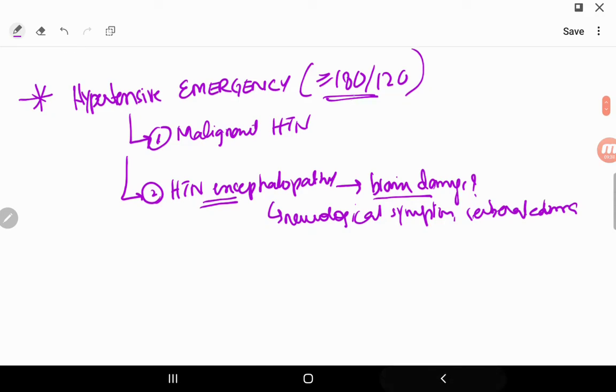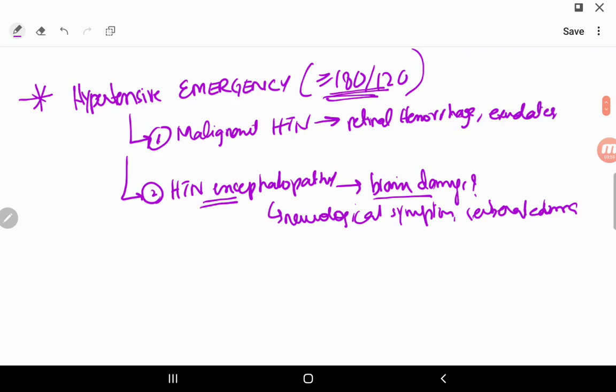Whereas if you have similar very high blood pressure, severely high blood pressure, but this time instead of symptoms related to the brain, you have symptoms related to your eyes, retinal hemorrhage, exudates, or papilledema, you have yourself malignant hypertension.